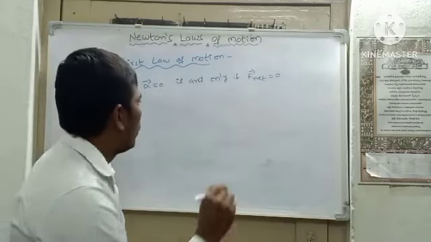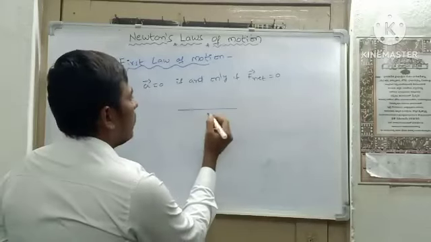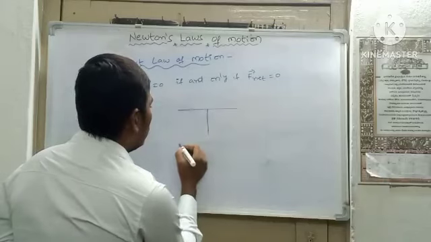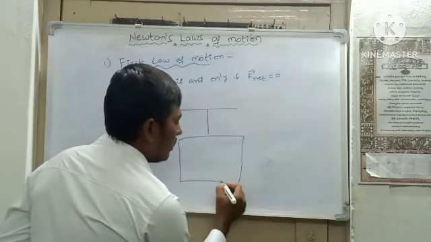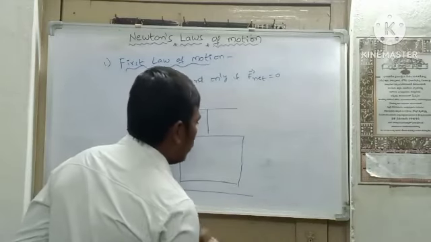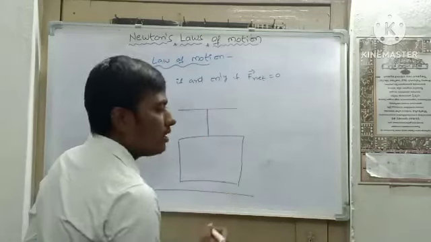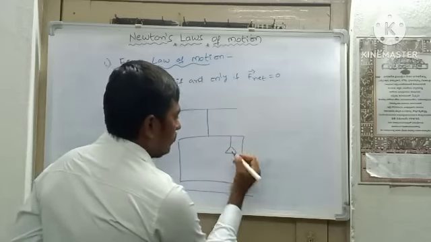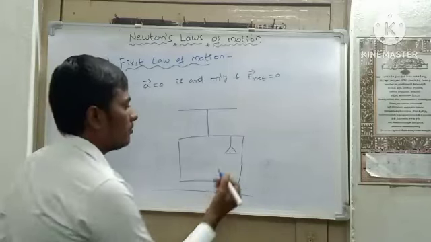Here is a hanger, this is the cable and this is the cabin, that is, an elevator, and this is the ground. In the elevator all the bodies are fixed. We are taking a lamp hung by a string fixed to the cabin.